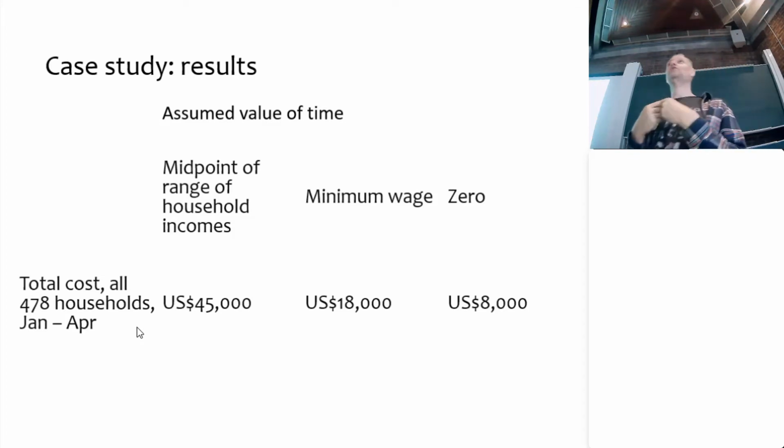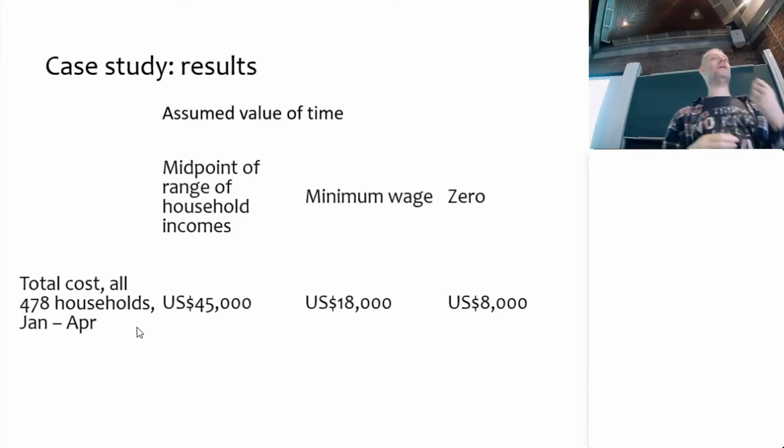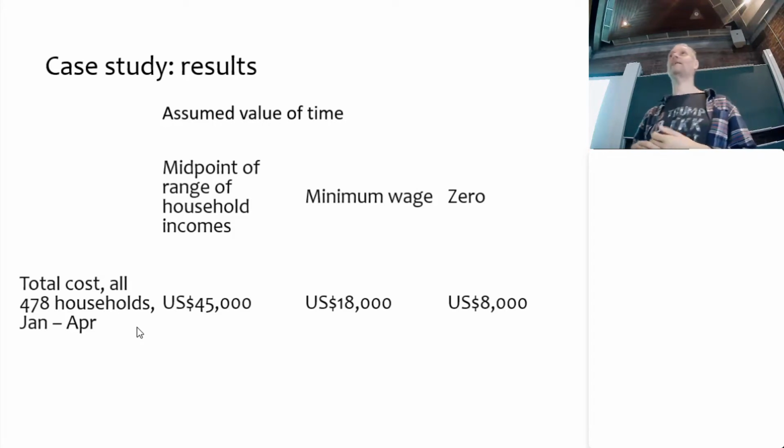If you value their time, so this is if you ignore time, it's 8,000. If you value their time at the minimum wage, assuming that most of the stuff that you do, like boiling water, is essentially unskilled labor, then the total cost goes up to 18,000.